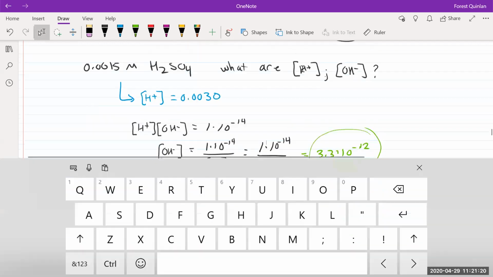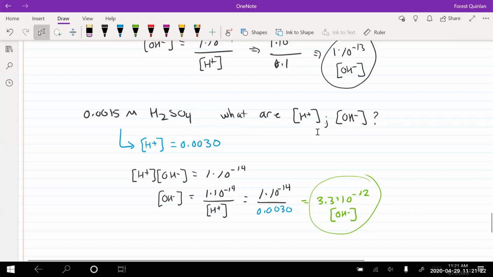Before I do one more of those, does anybody have a question about how these plug and chugs are going? Did you want to try that one real quick to make sure you're getting that number? Is that the answer, 3.3 times 10 to the negative 12?